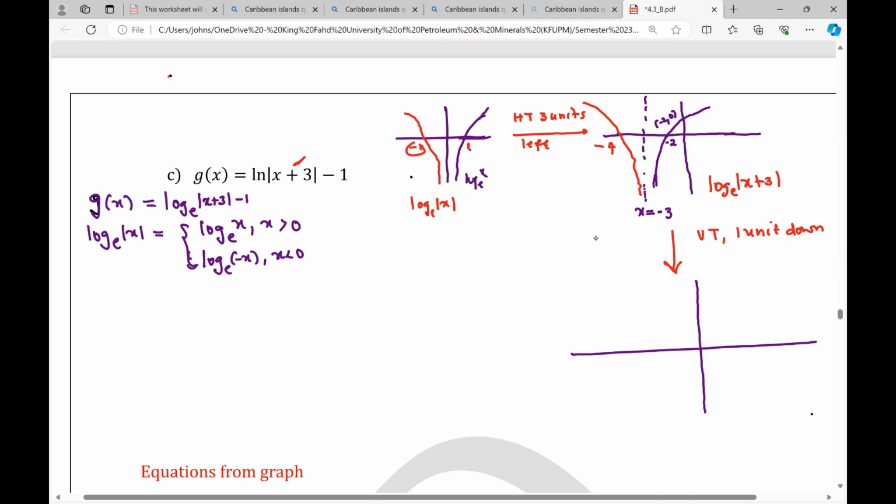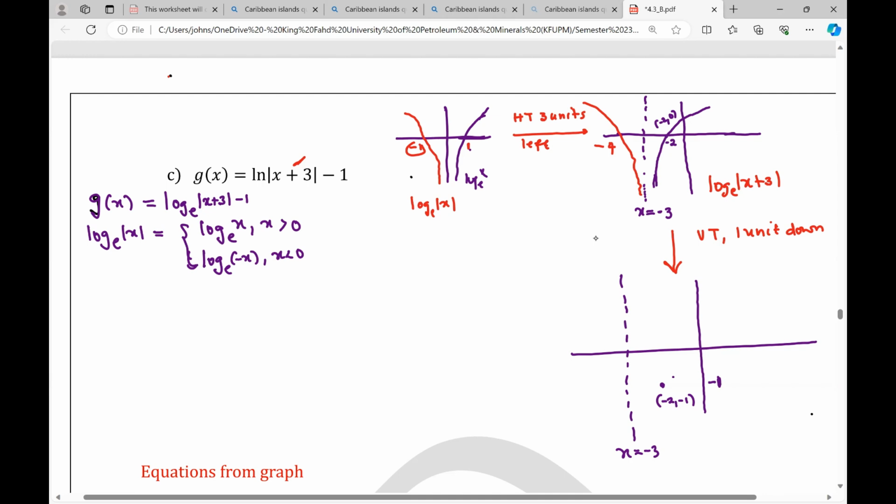The vertical asymptote will still remain the same. The vertical asymptote will not change, which is still x equals minus 3. But this point is minus 2, 0. Moving 1 unit down, this point is going to be minus 2 and minus 1. So it means it's going to cut this way, right? It's going to cut this way.